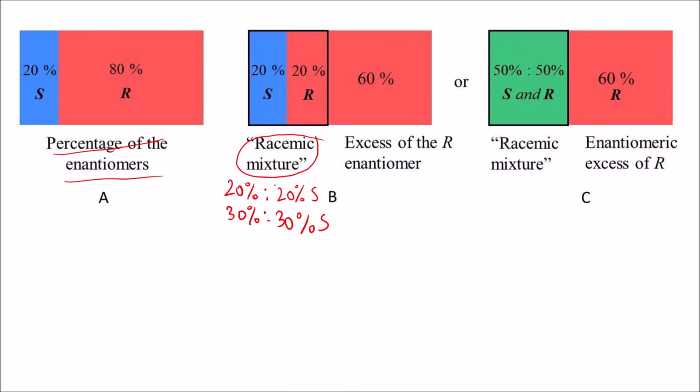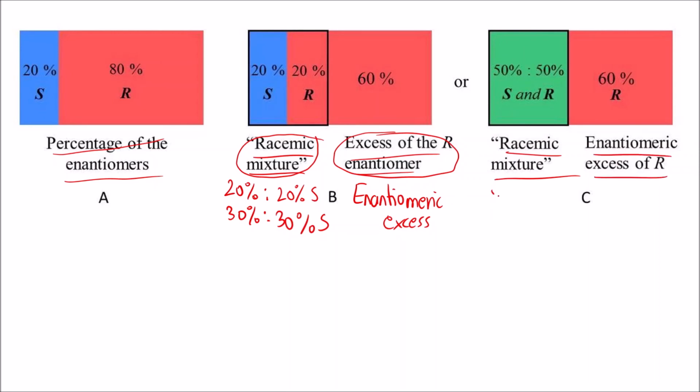If the proportion is equal, then that particular mixture is called a racemic mixture. And there will be some excess, as we saw just now, called enantiomeric excess. Here again you can see it is 50% R and 50% S. And this is the enantiomeric excess, which is also denoted by EE.